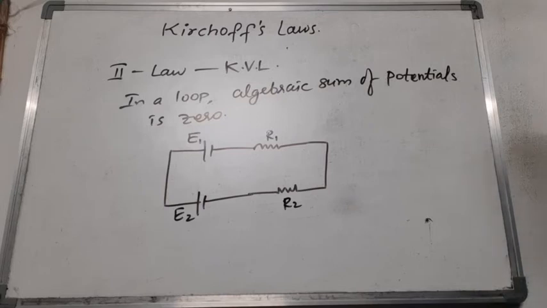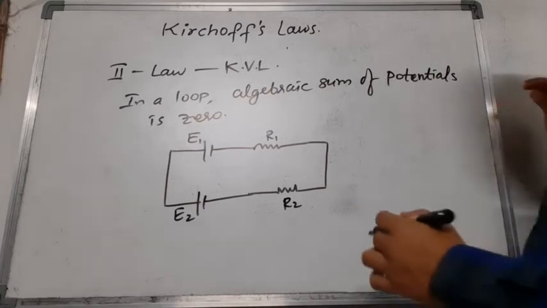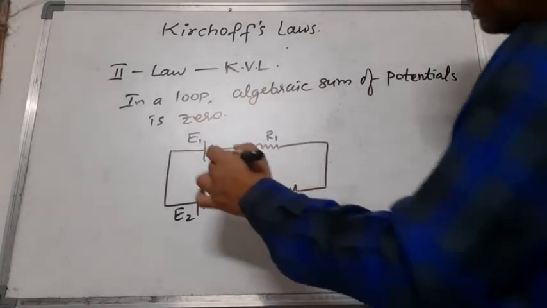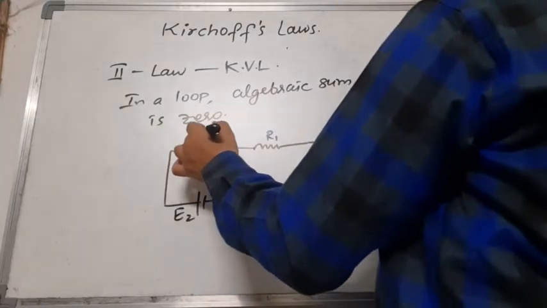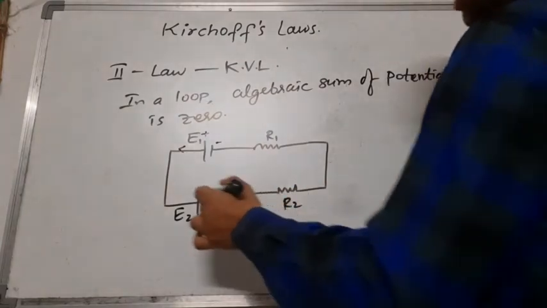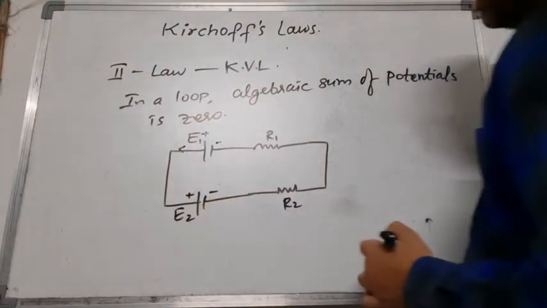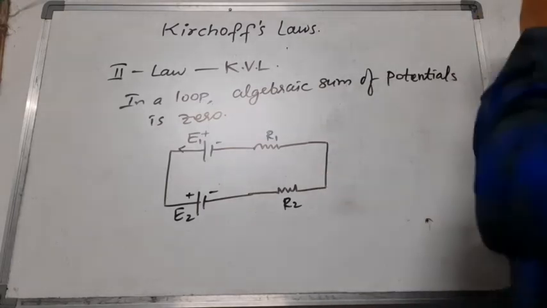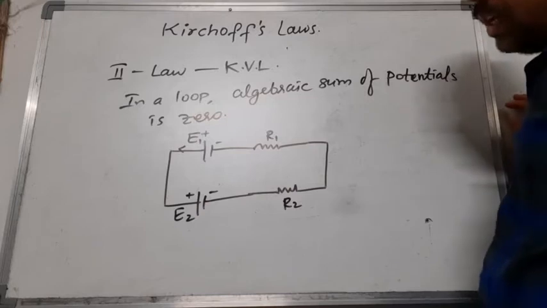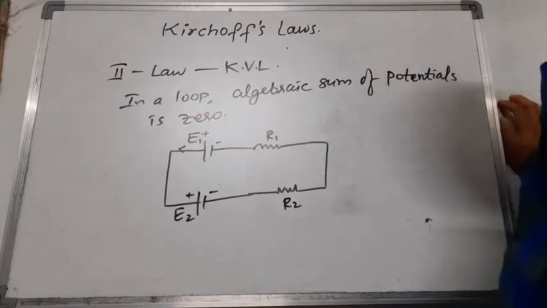Now the current starts flowing in this direction, plus, and this is minus, and here this is plus and this is minus. In any direction you can take the current.